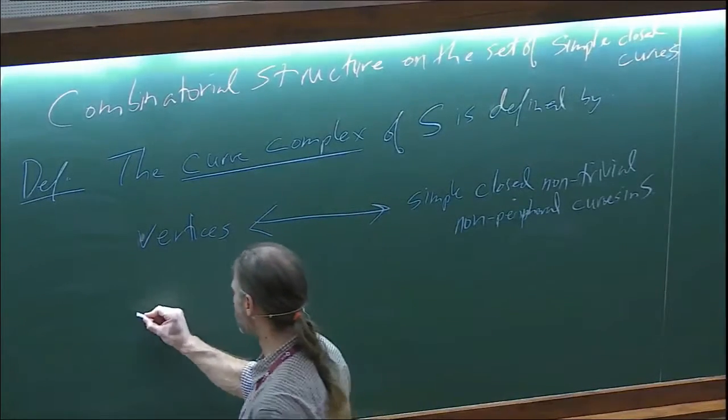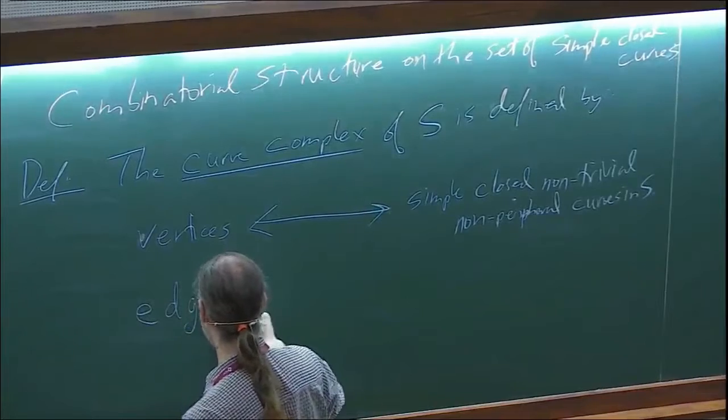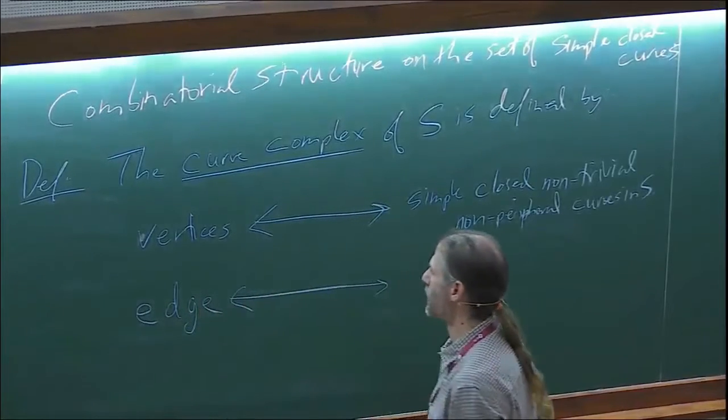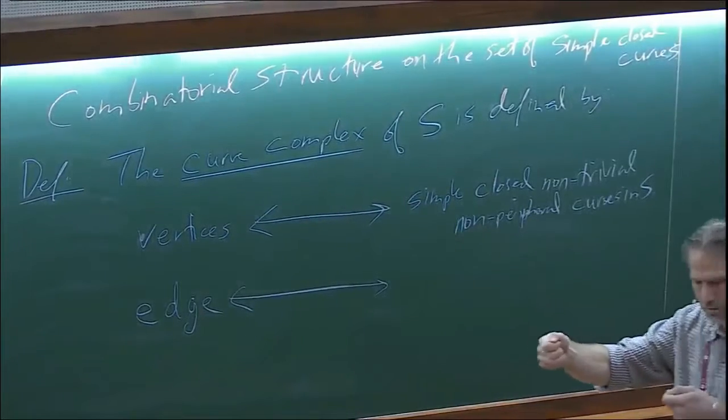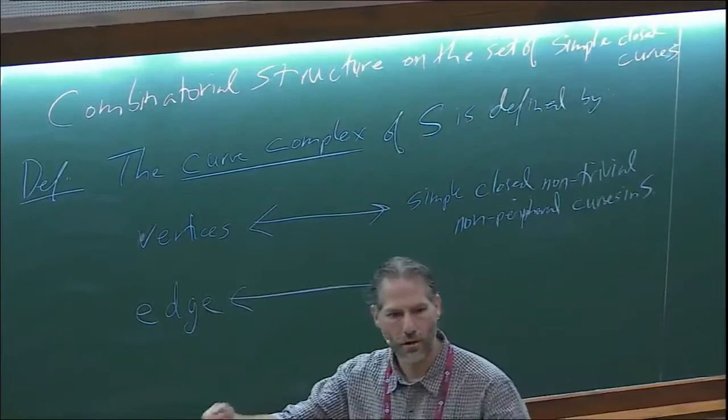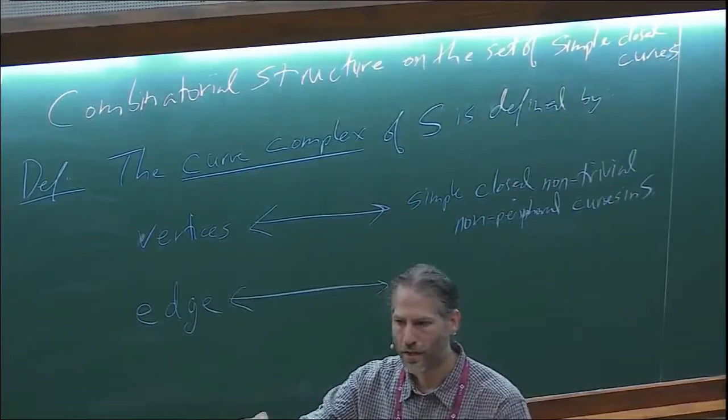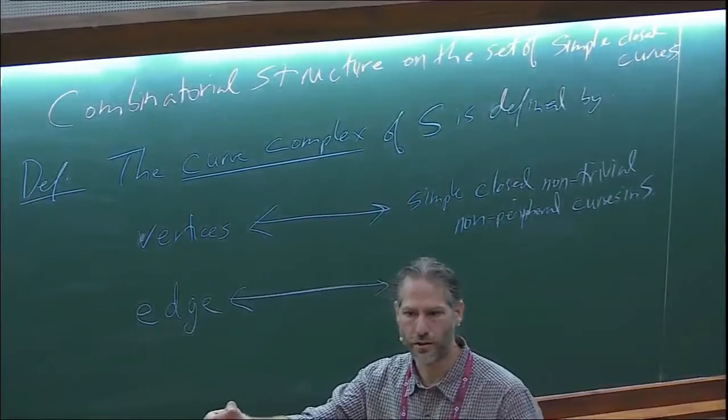And then my edges. I'll draw some pictures in a minute, but let's just put up the definition first. When do I want to connect two simple closed curves, or the vertices corresponding to them, by an edge? I want to do that if on the surface I can realize that pair of curves disjointly.